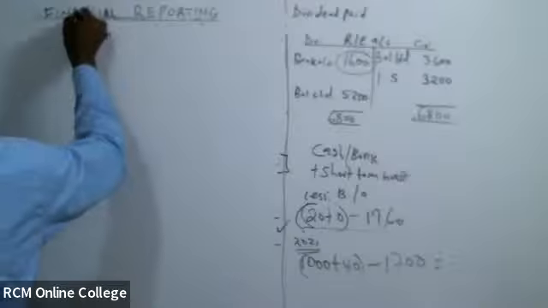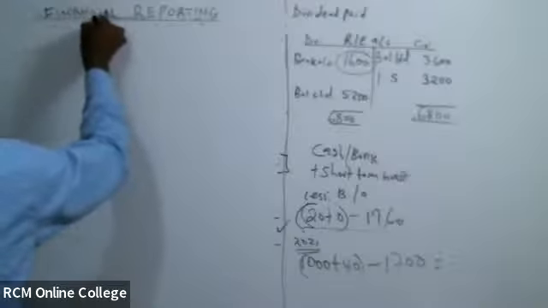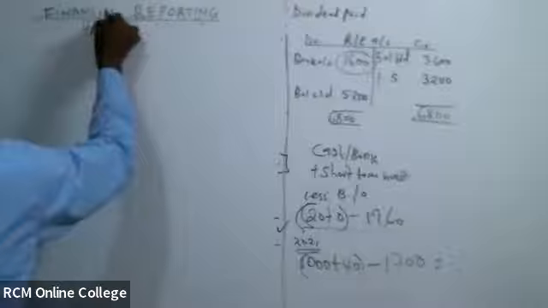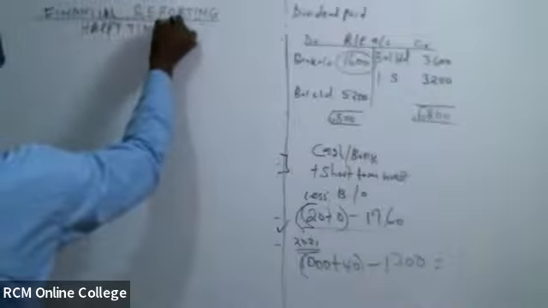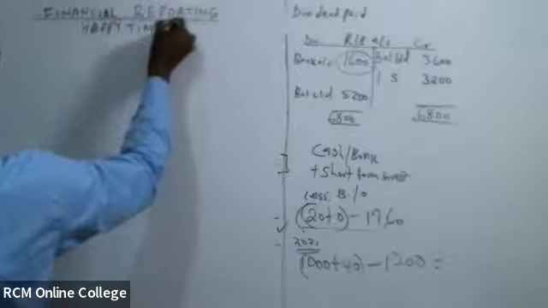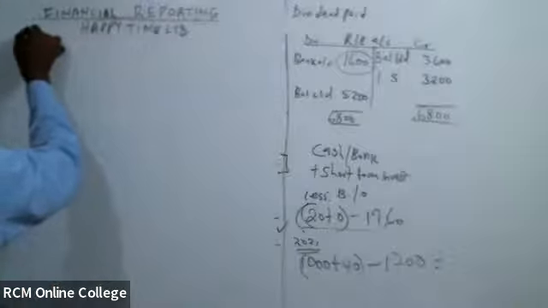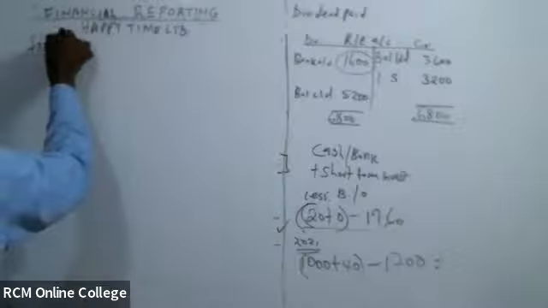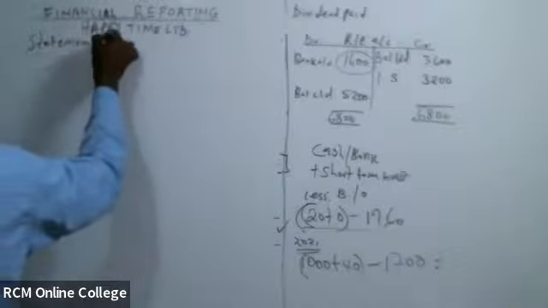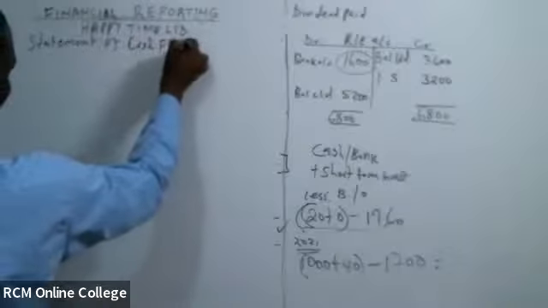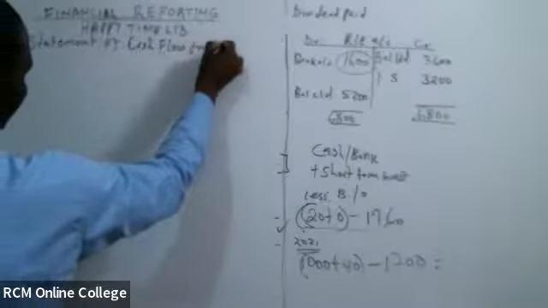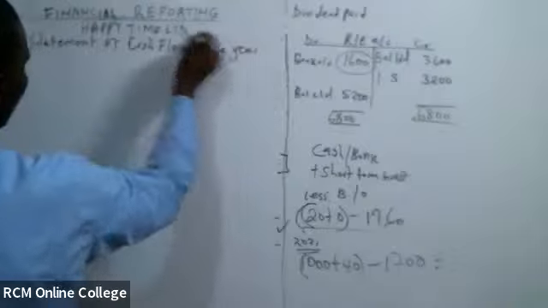Happy Time Limited. So this is just direct: statement of cash flow for the year ended 30th of June 2017.